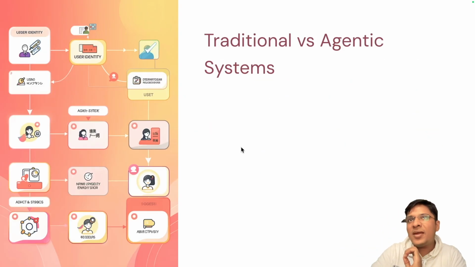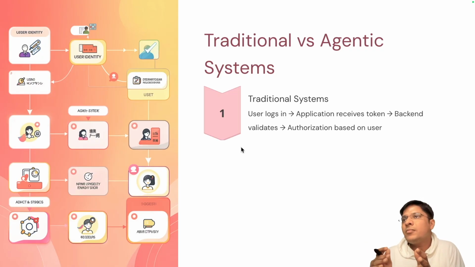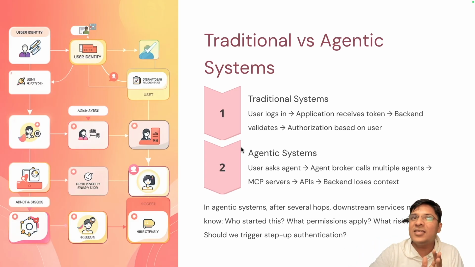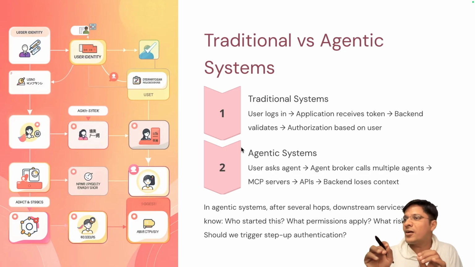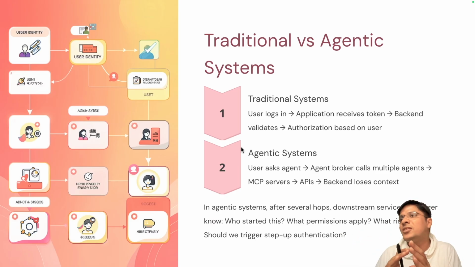Okay, let's compare this with the traditional system. In a traditional system, the process is very simple. The user logs in, the application receives the token that will be validated by the backend system, and then finally authorization is based on user credentials. But in the case of an agentic system, this is a little different, a little more complicated. The user asks the agent inside your workflow, that will reason and plan, and then the broker will pass this request to the multiple agents.